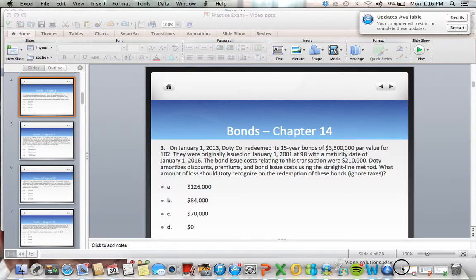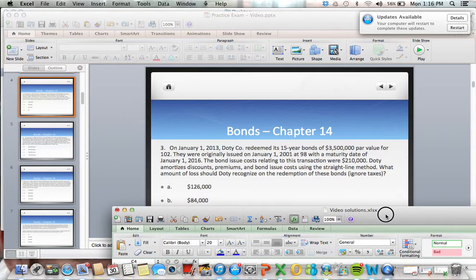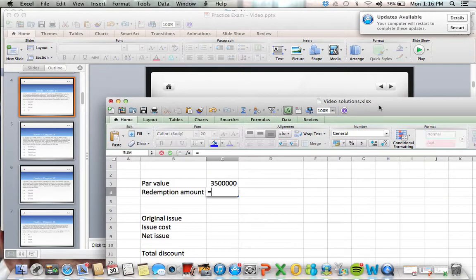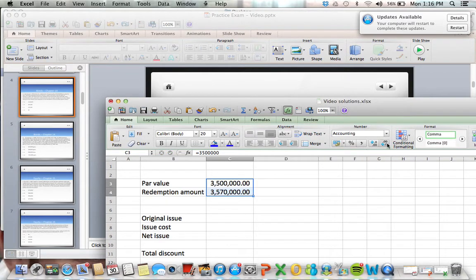And they're saying that we redeemed its bond value for 102. So the redemption was for par times 1.02. So, okay, that's the redemption. That's how much they paid.